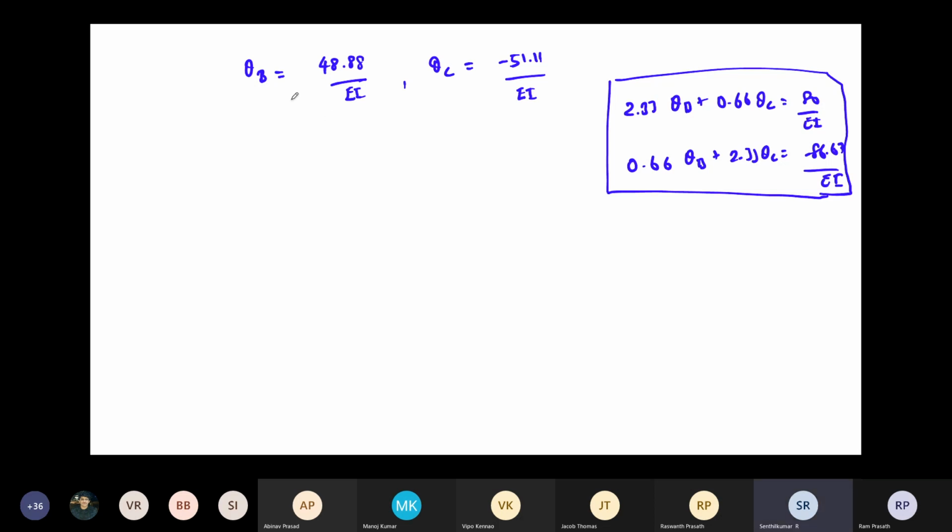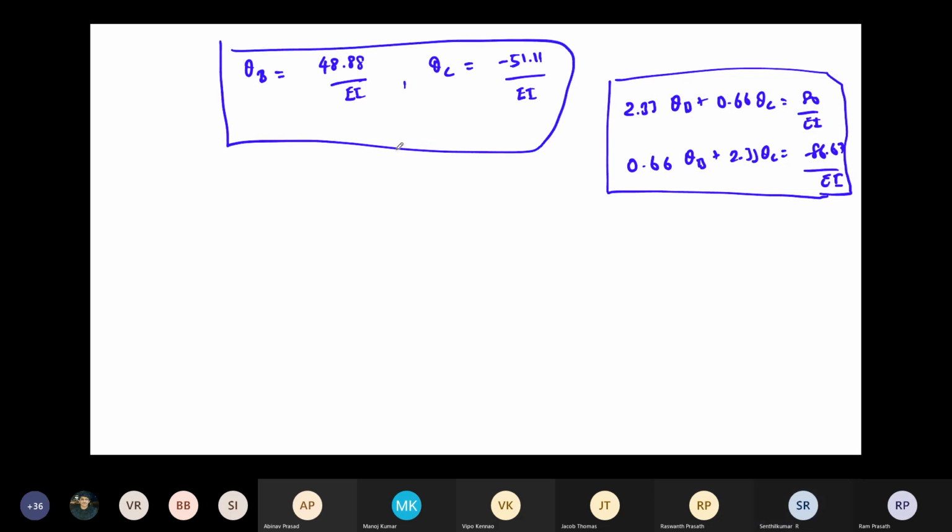I think this value is correct. Okay, please solve once again.